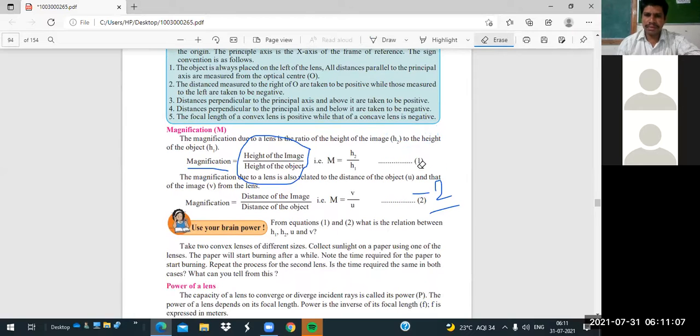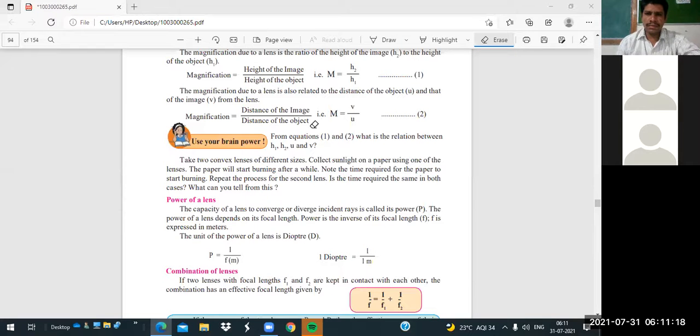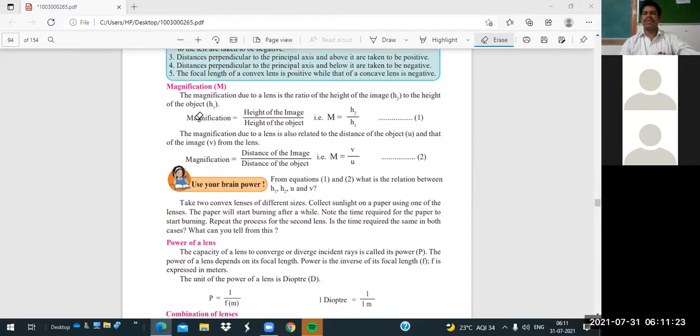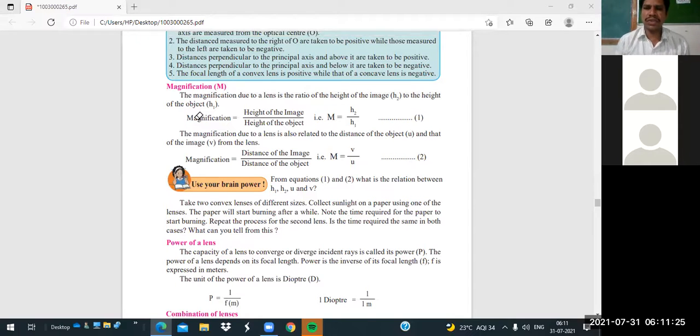Yes or no? It's very simple. We just have to remember the definition: magnification is the ratio of the height of the image to the height of the object.